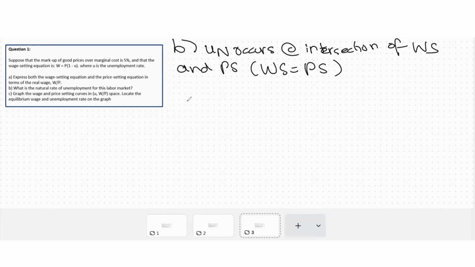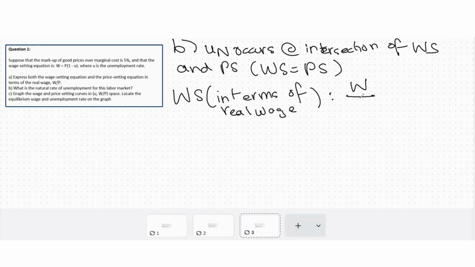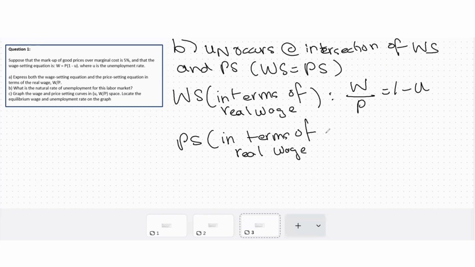And we know from part A that the WS in terms of real wages is W/P equal to 1 minus U, and the PS in terms of real wages is W/P equal to 0.952.